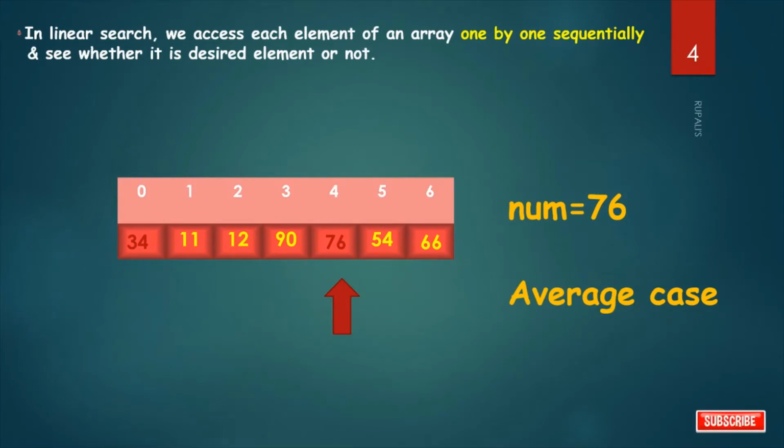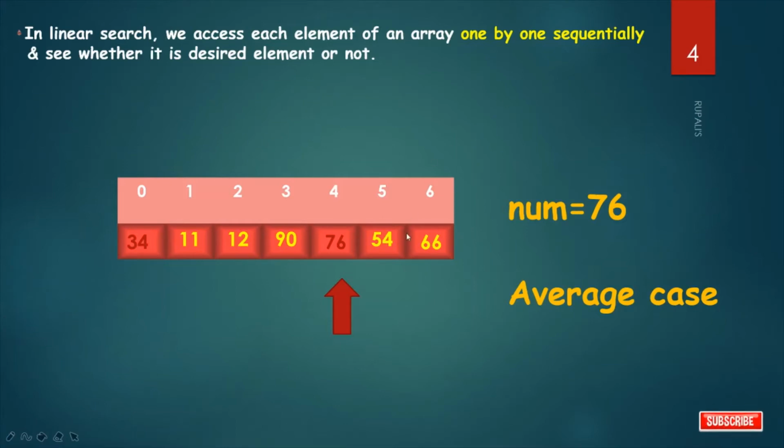Take example for worst case. In this case, if I want to search that particular element which is present at the last position of the array or not present at all, means say I want to search 66. So I have to search from the first element of the array and I check each element sequentially and finally I get 66 at the last position of the array. So I have to traverse the whole array to see which one is our desired element.